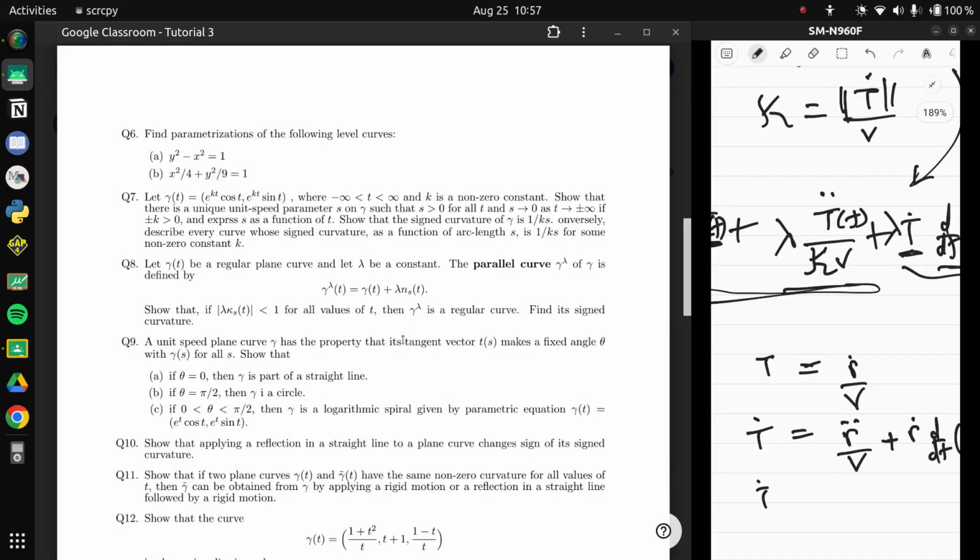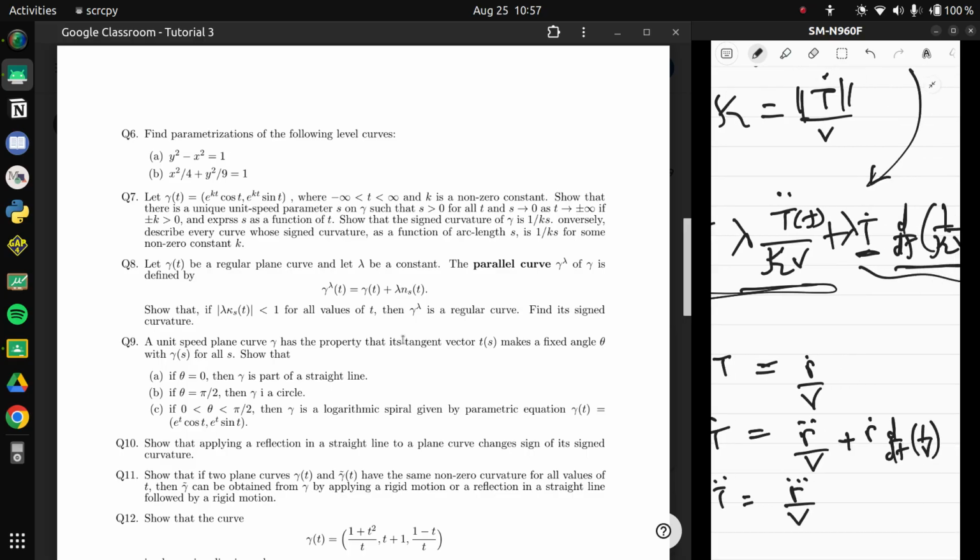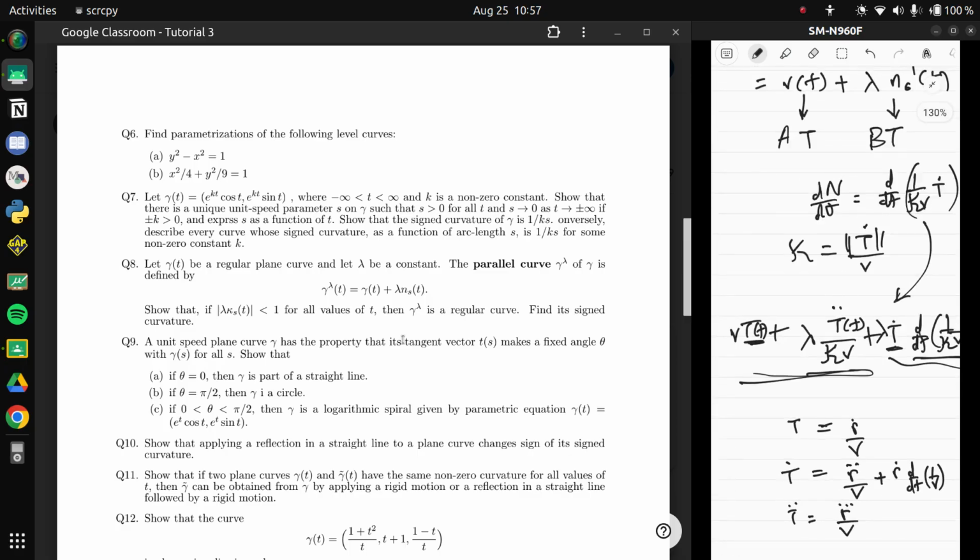Then t double dot would just be like r triple dot upon v. Now this isn't helping, is it? No, it's not. We know that t dot is in the direction of the normal vector. Hey, so this isn't quite helpful. We need to have some sort of other way to be doing this.